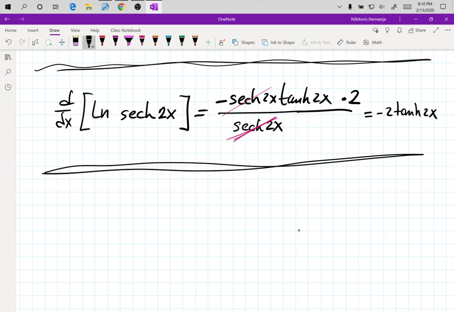Not on the list because tangent x and tangent hyperbolic x are not basic functions for integration. So, let's go. Since you are interested, integral of tangent hyperbolic x dx, you know that you have to write it as sine over cosine hyperbolic. So go on, you sub it, and tell me the answer.